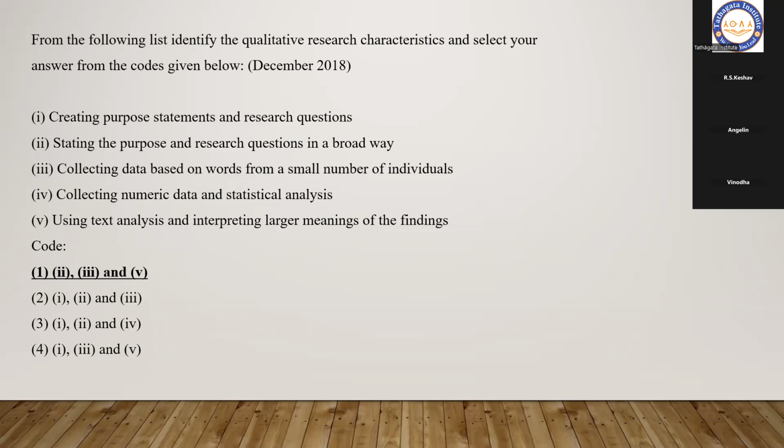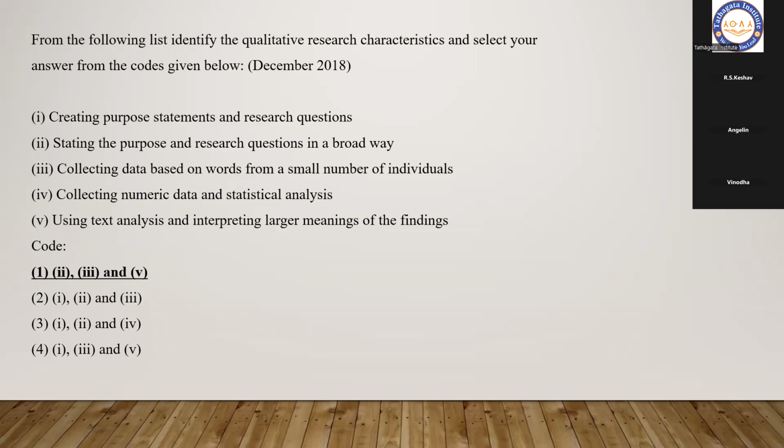So text analysis, these are the clue words for us for qualitative. Data based on words. So first we will find whichever is not applicable. When we read the word qualitative, numeric data is not applicable. Statistics analysis, that point is done away. Creating purpose statement and research question, that is common for everything.